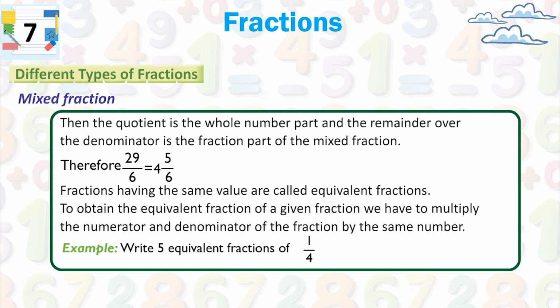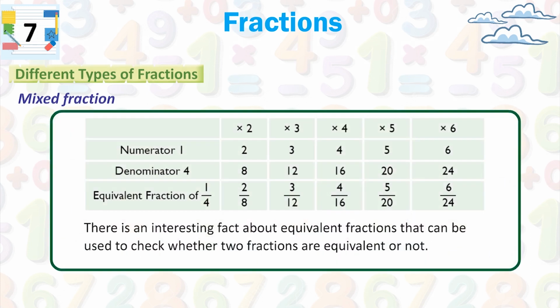Fractions having the same value are called equivalent fractions. To obtain the equivalent fraction of a given fraction, we have to multiply the numerator and denominator of the fraction by the same number. Example, write 5 equivalent fractions of 1 upon 4, into 2, into 3, into 4, into 5, into 6.